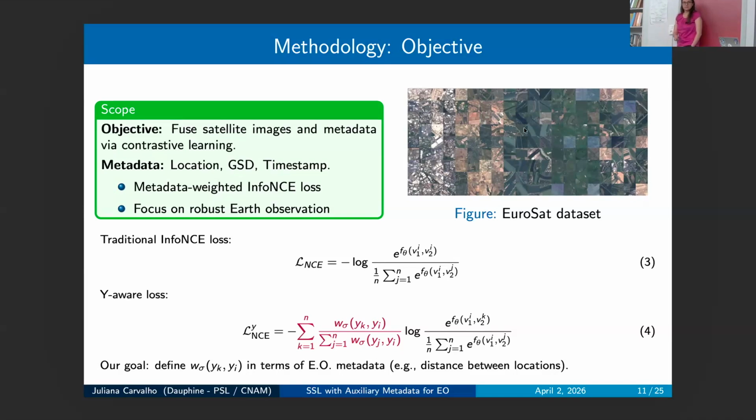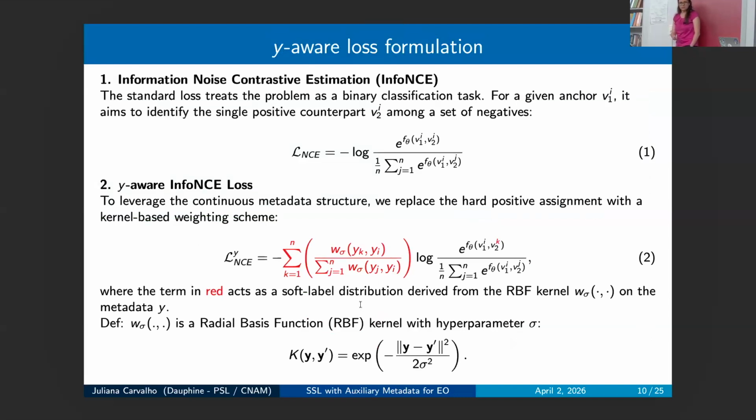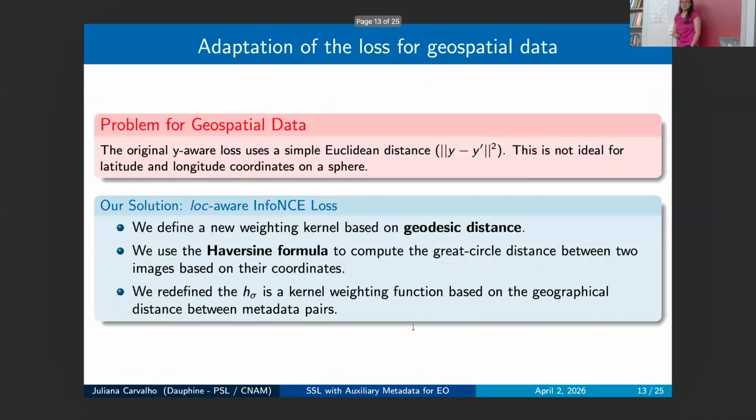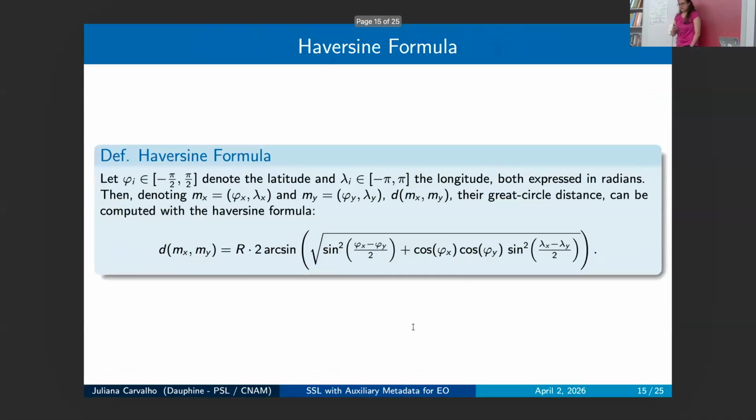And we modified that term that we showed before. Instead of using this Euclidean distance here, which is not very appropriate for Earth because Earth is a sphere, we tried basically to use the Haversine formula to compute the distance between those two images' metadata, which is given by this formula, and is based on the radius of Earth and also on the great circle distance of it.